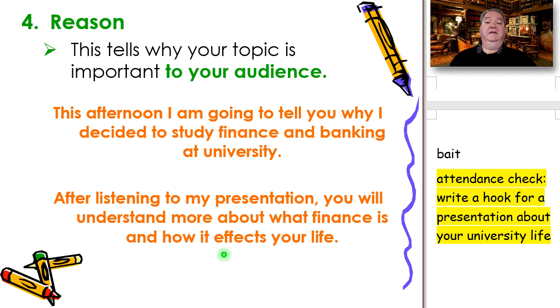How it affects your life. Effects is a noun. The verb form would be affects, with an A at the beginning. Affects. This is the verb. Okay. So, again, that was a mistake that was in the original slide, but I left it there as a little teaching opportunity.